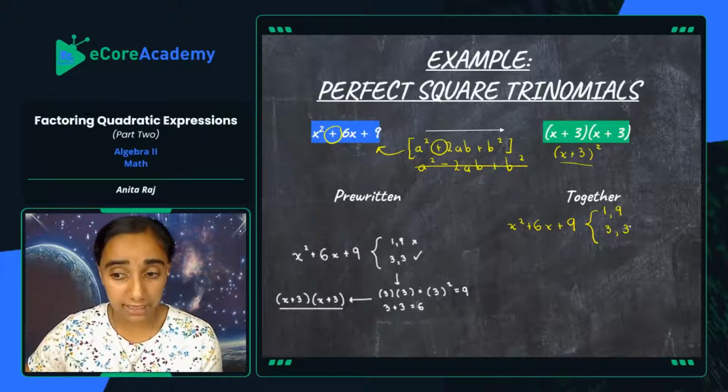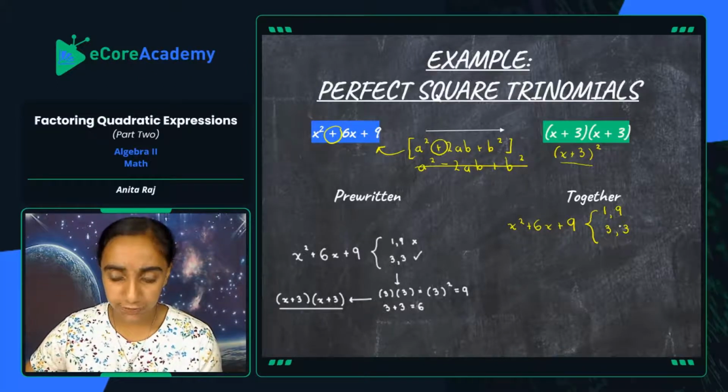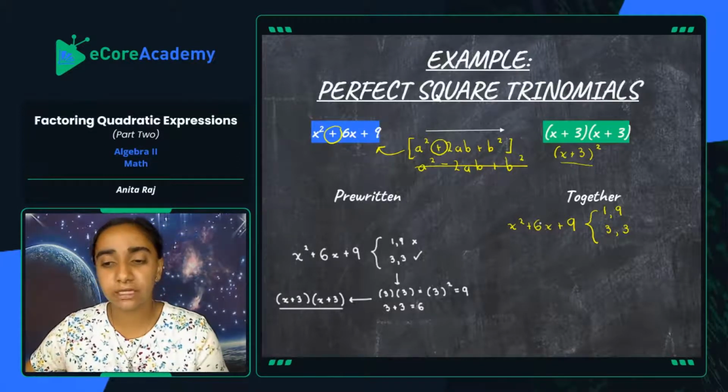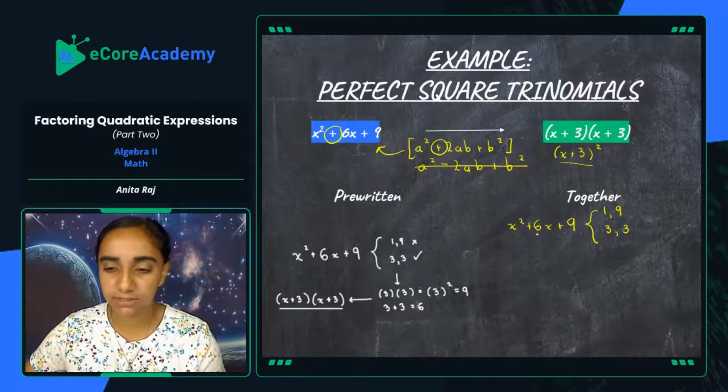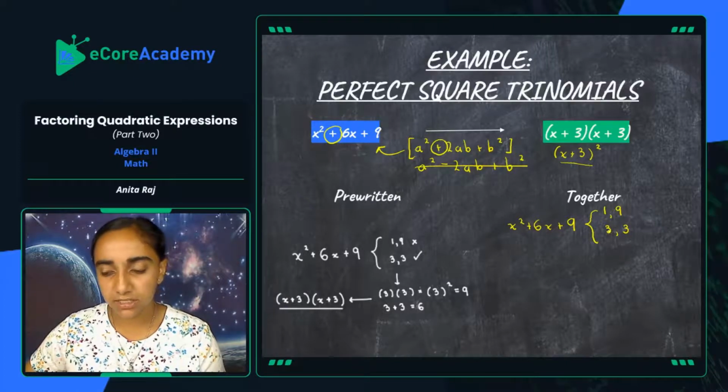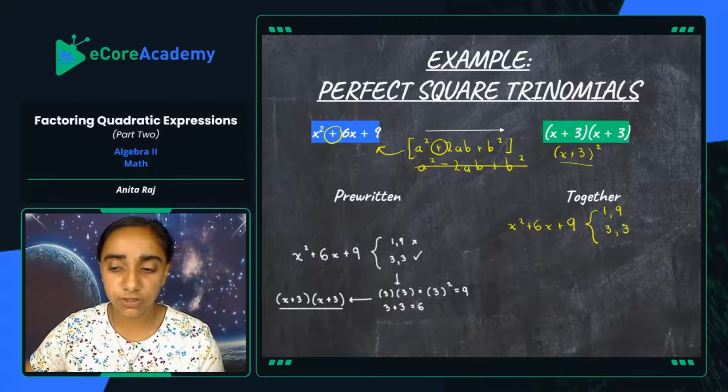That is one indication. The next indication is these two terms right here, 3 and 3. Well, if it was either positive or negative 6, these 3's, when multiplied together, positive 3 times positive 3 equals 9. Remember that these two terms multiplied together give you your C term, and added together give you your B term.